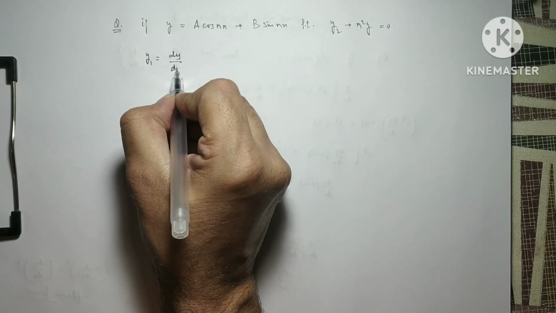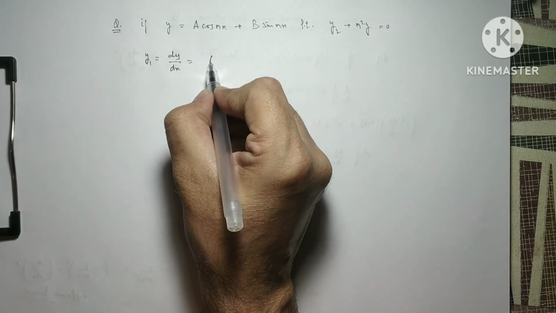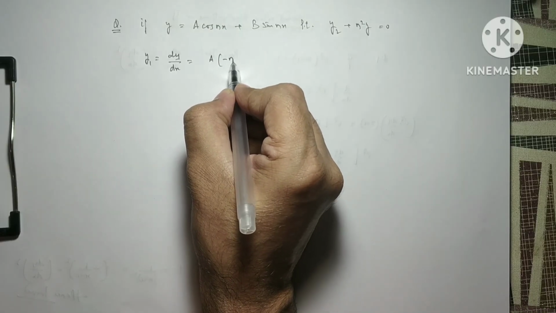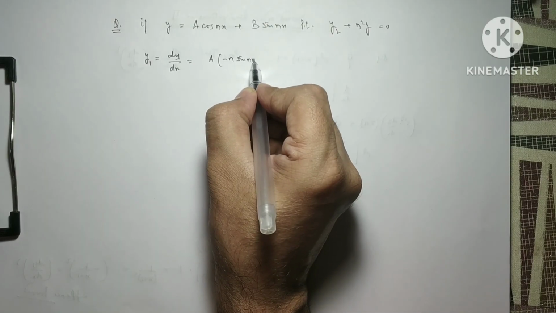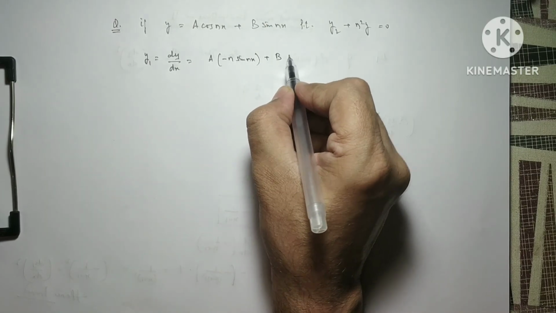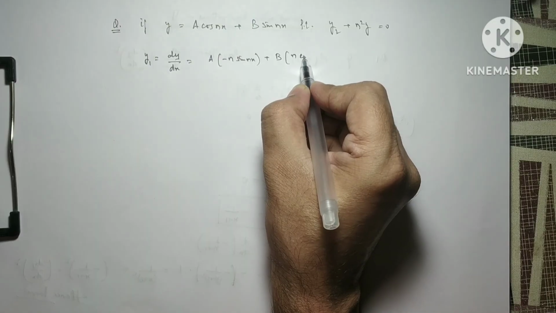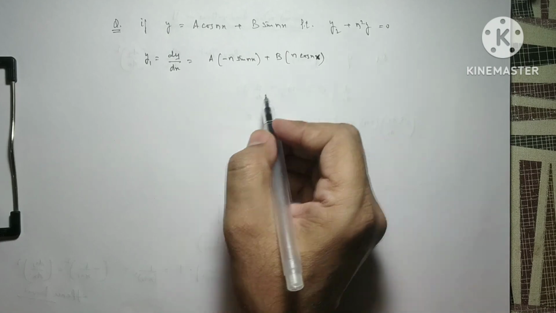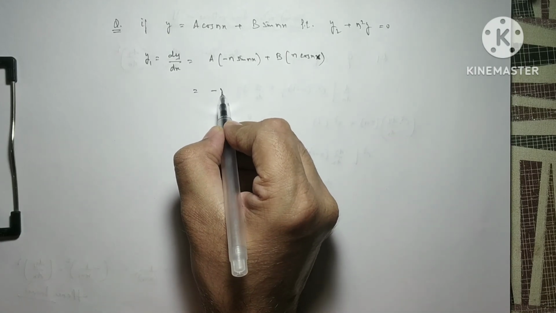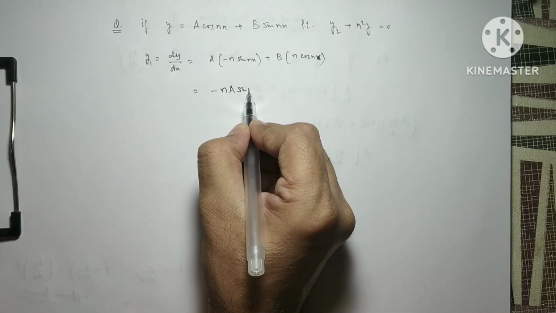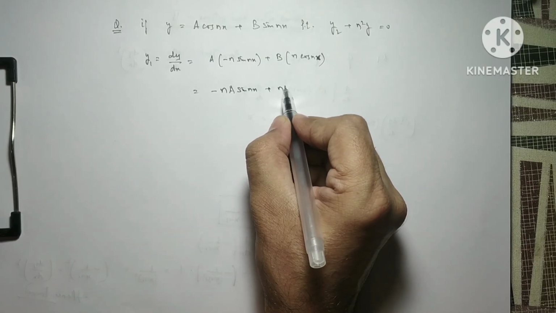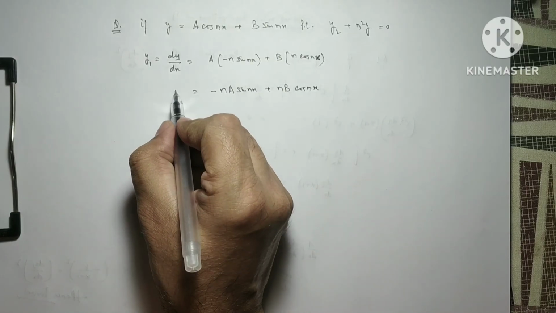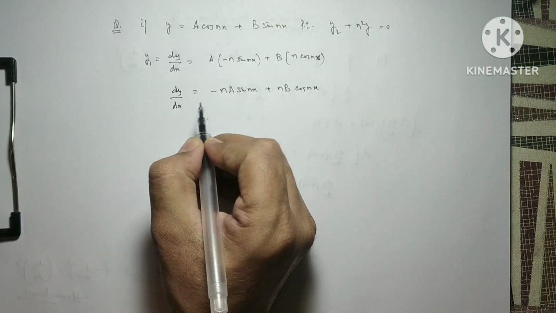Differentiate this. a is a constant, and the differentiation of cos nx is minus n sin nx, and for b it is n cos nx. So it is minus na sin nx plus nb cos nx, and this is y1, or you can say dy over dx.